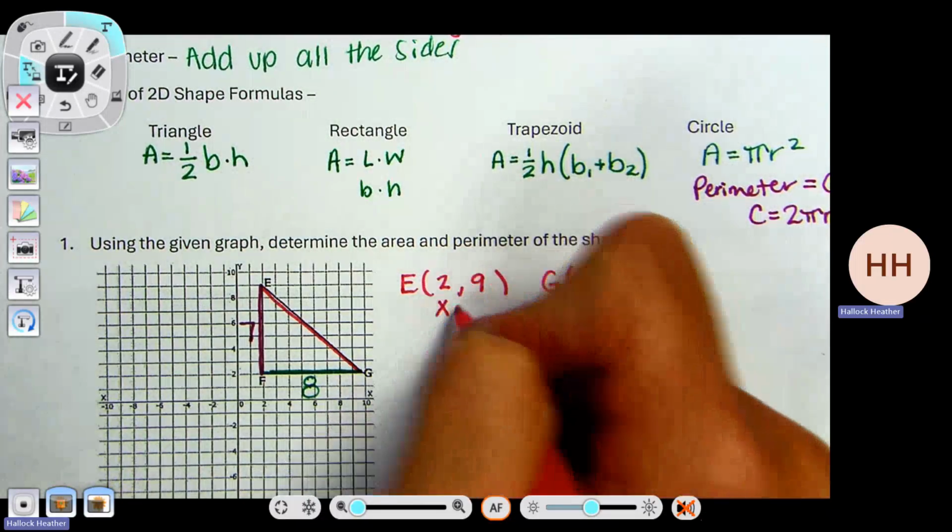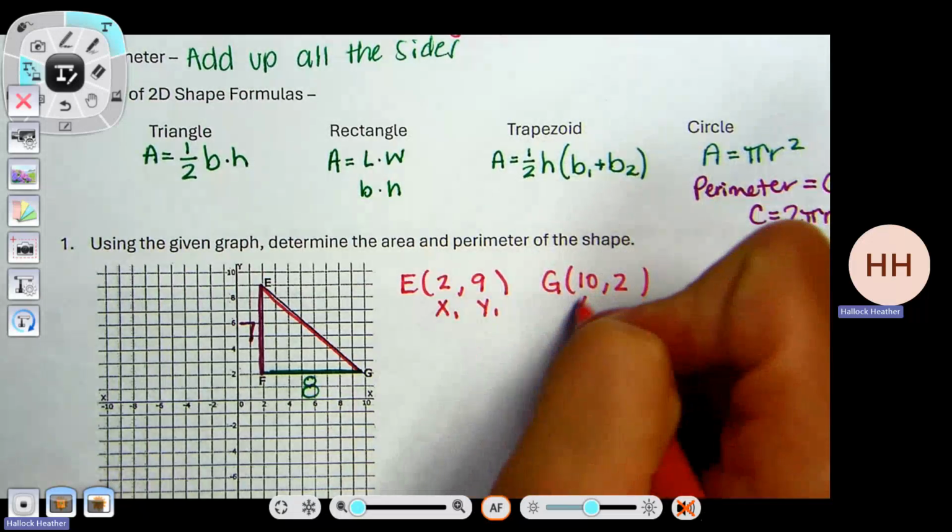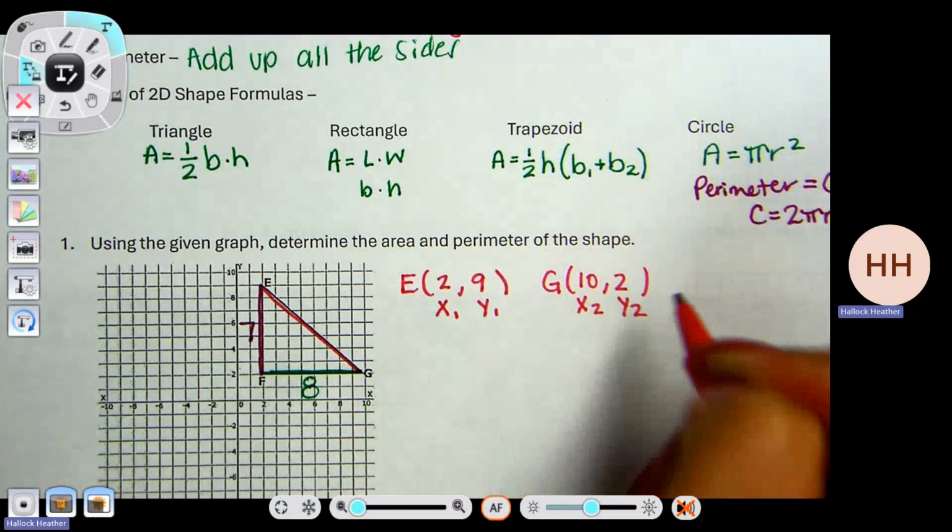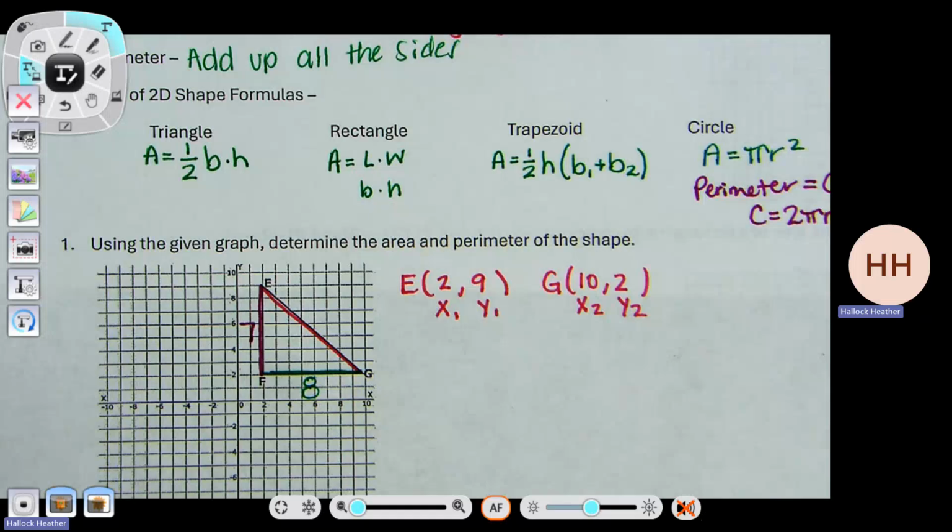Anyways, it does not matter which one is coordinate point 1 and which one is coordinate point 2. So if you look at your blue sheet, you're using the distance formula. We're going to plug in the numbers and then we're just typing it into Desmos. As long as you type it in correctly, it's going to pop out the answer for you.